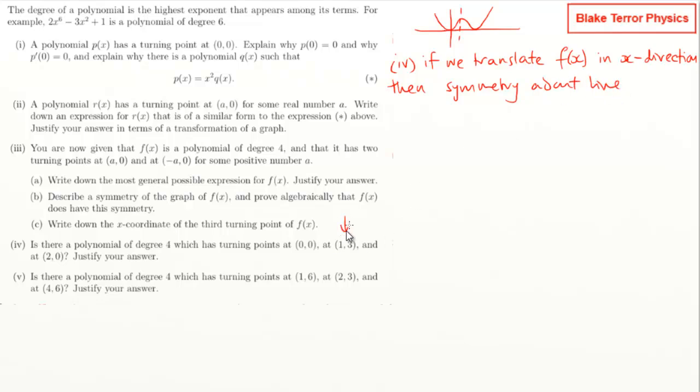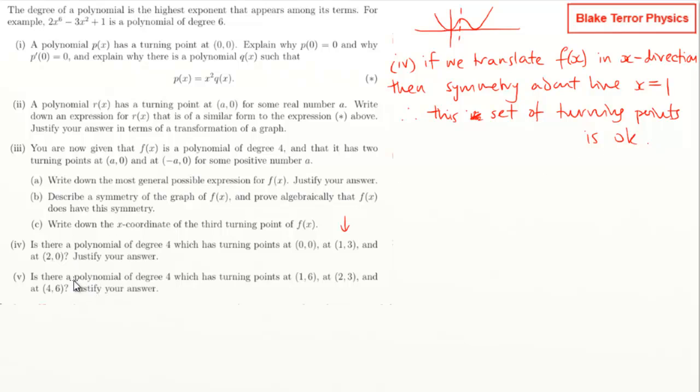X is 1 is the middle one. So yeah, x equals 1. That's good, which this works with, which we do have, so that's fine. So therefore this is okay, or this set of turning points is okay.